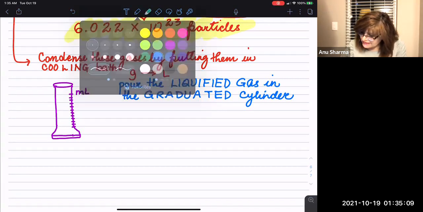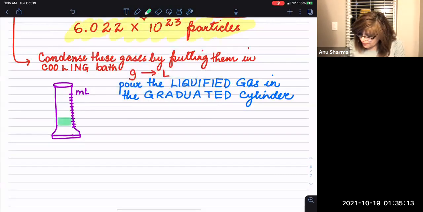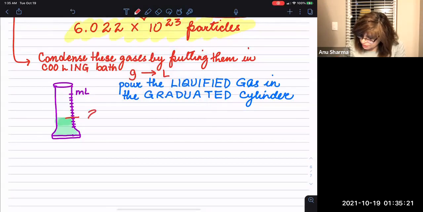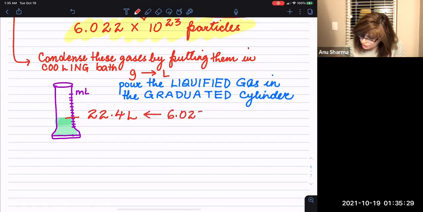Each of these gases, once they hit the graduated cylinder, occupies only a volume of 22.4 liters. This is 6.022 times 10 to the power 23 particles.